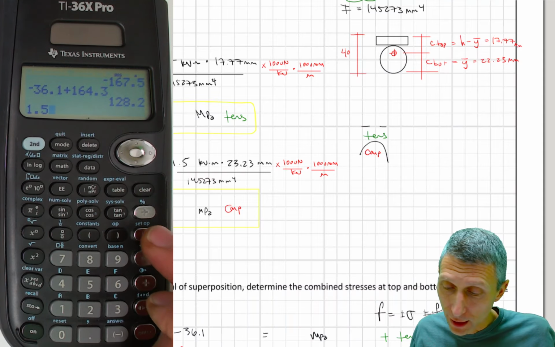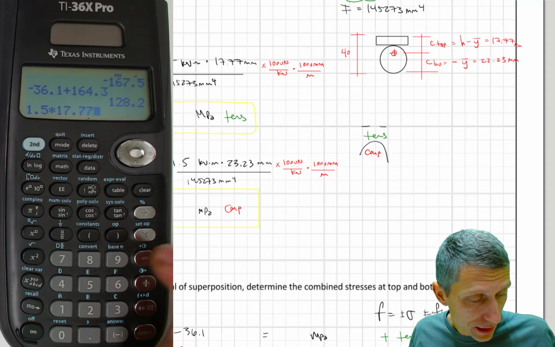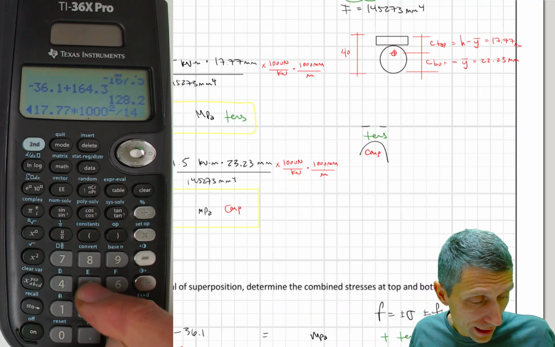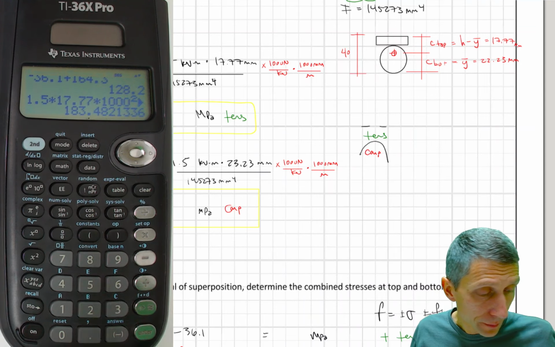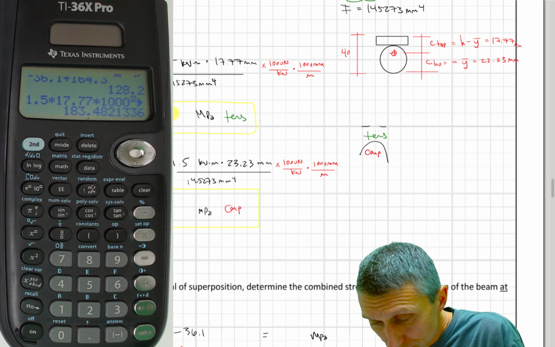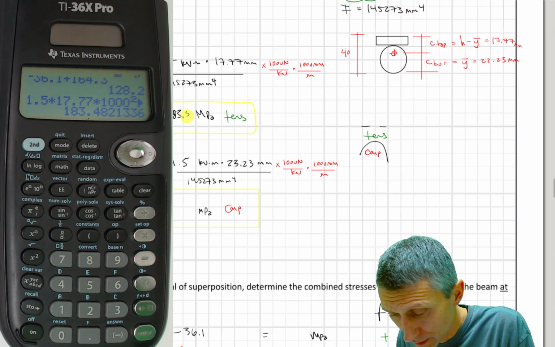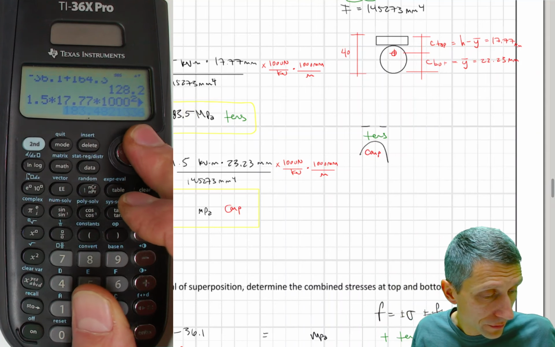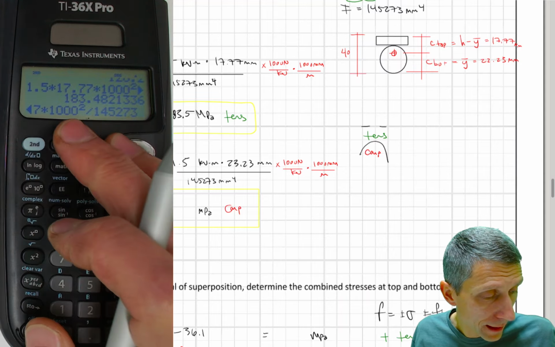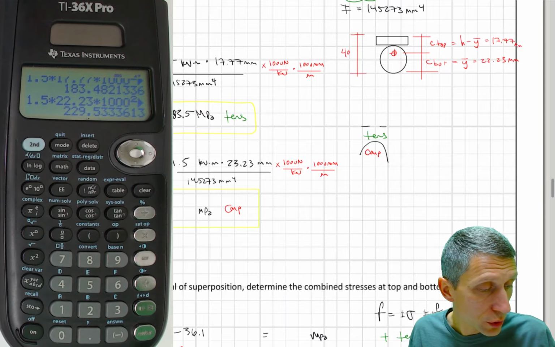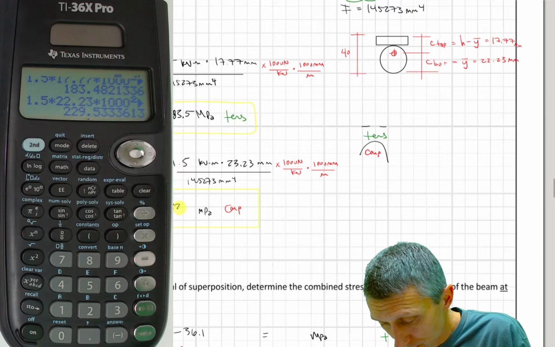So 1.5 times 17.77 times 1,000 squared divided by 145,273. Okay, I'm going to get 183.5. Okay, and then if we do the same thing here, and instead I change it to 22.23, I'm going to get 229.5.